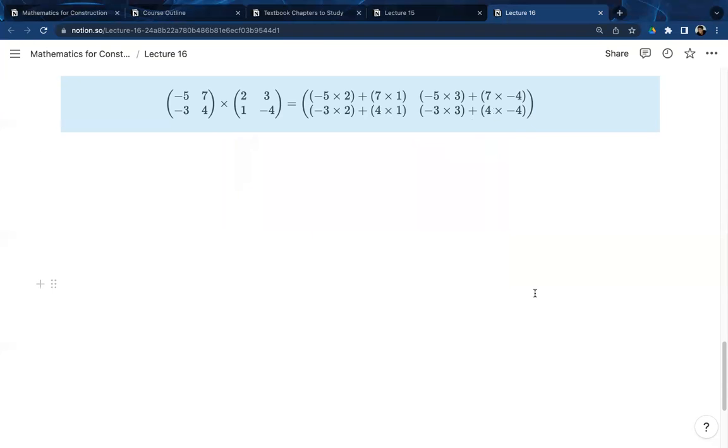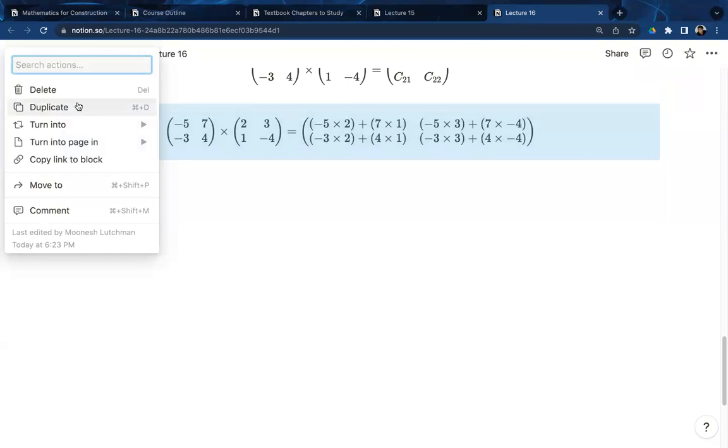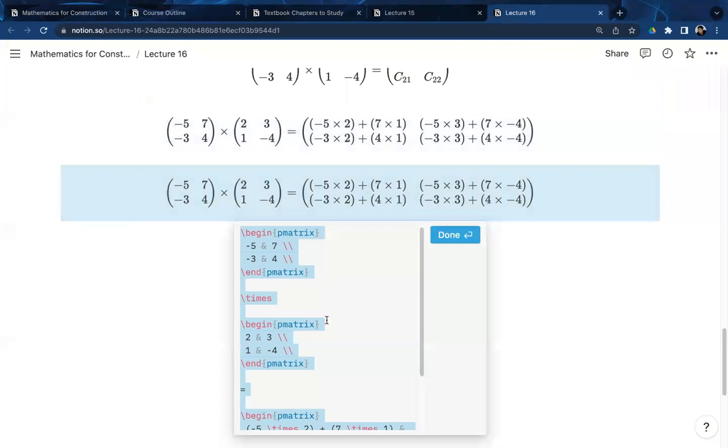So there you go. Let's check over your work: negative 5 by 2 plus 7 by 1, negative 5 by 3 plus 7 by negative 4, negative 3 by 2 plus 4 by 1, negative 3 by 3 plus 4 by negative 4. Right. I could duplicate this now and just simplify this.